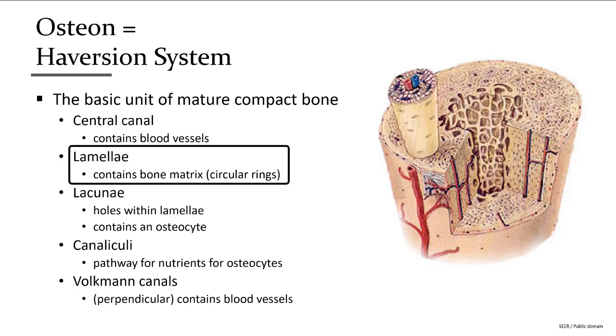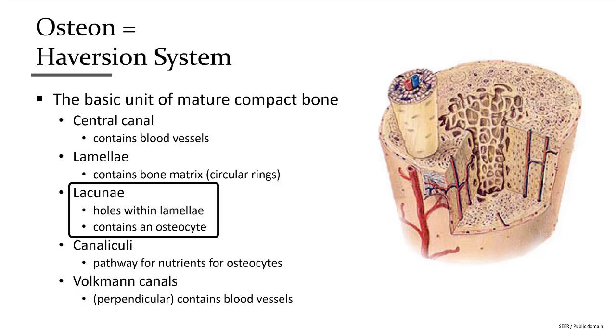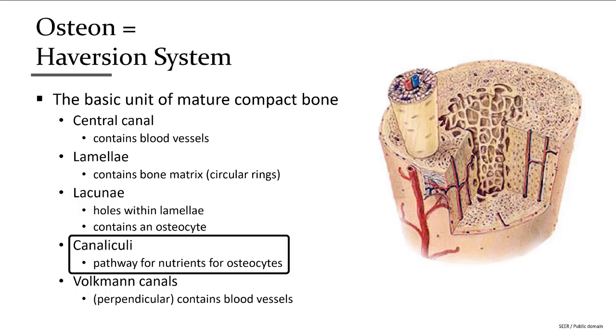Between each lamellae are small spaces where osteocytes live called lacunae. These osteocytes are inactive osteoblasts that have been trapped in the bone that they had created. Canaliculi are tiny cracks through the lamellae to the lacunae, which provide a space for nutrients and waste to be exchanged with the osteocytes.